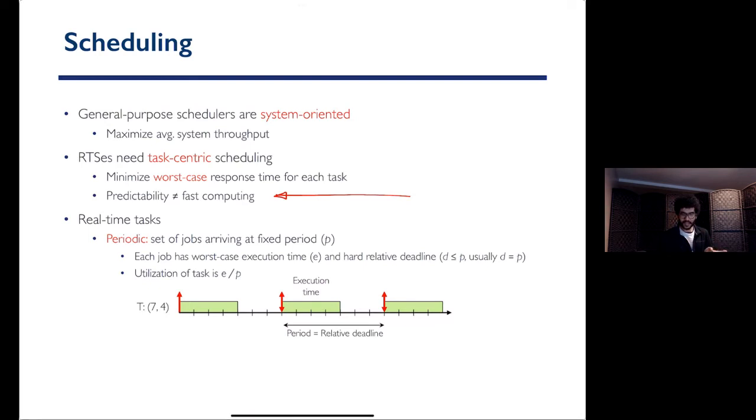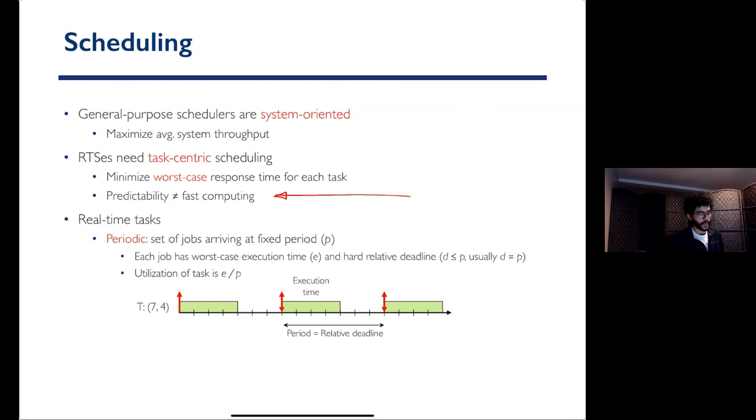These tasks have a set of jobs that arrive at fixed periods. So if task A is periodic, this means that task A has a set of jobs that come at certain periods.